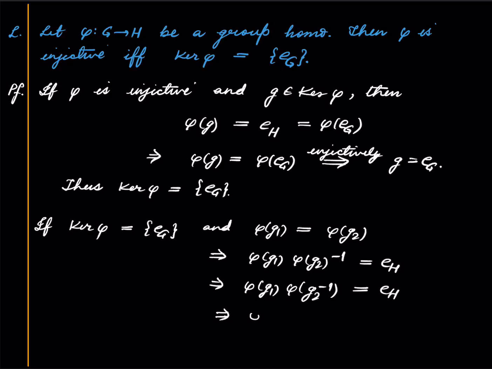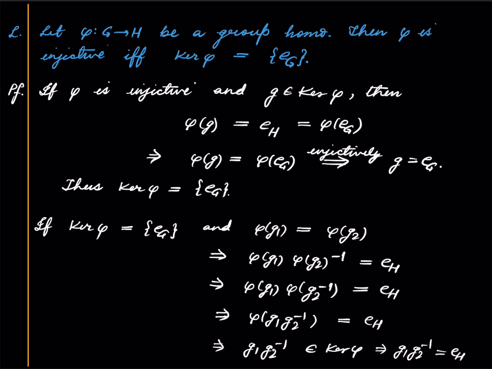We have that, which implies phi of G1 G2 inverse is the identity of H, which implies G1 G2 inverse is in the kernel of phi, which implies G1 G2 inverse is the identity of G, because we are assuming that the only element in the kernel is the identity of G. So this implies that G1 equals G2. So we started with this assumption, and we want to show that this equation leads to the conclusion that G1 equals G2. That's what injectivity of phi would mean. And all these implications show that, and that's why this lemma is proved.